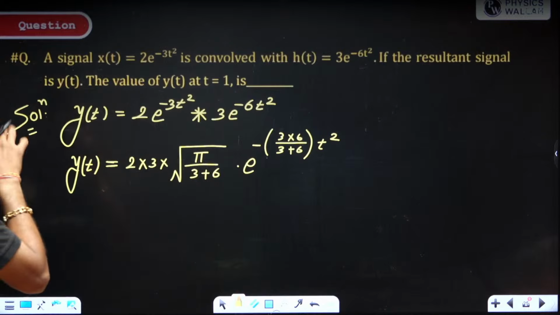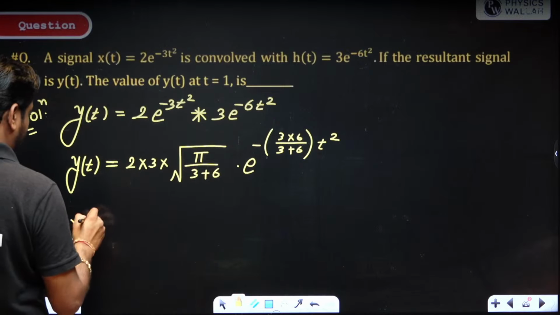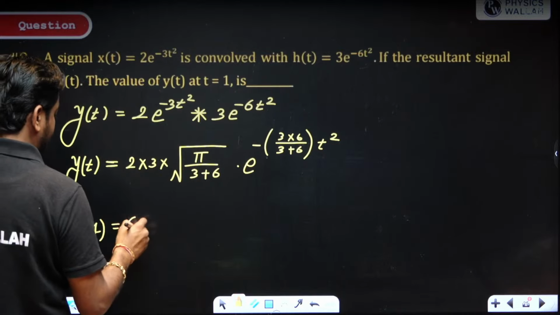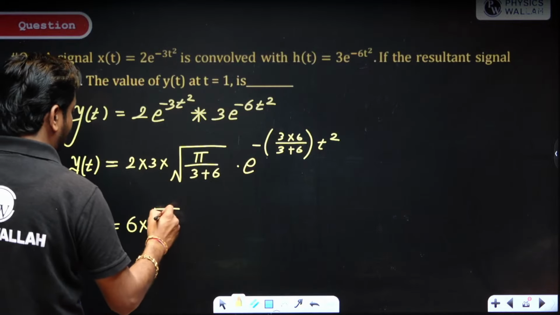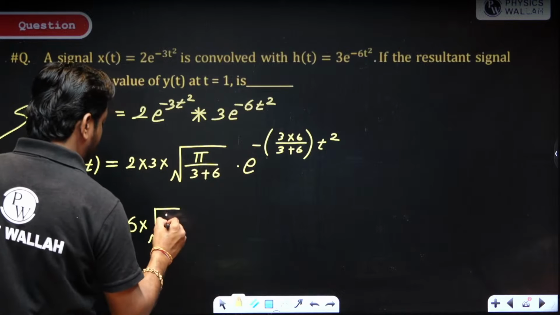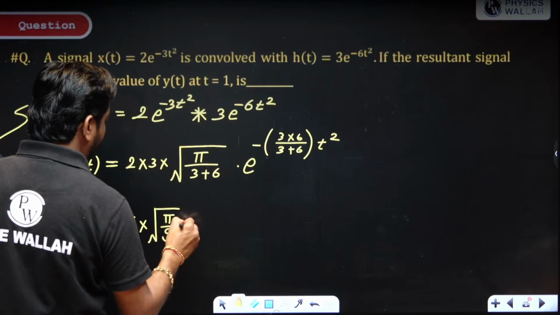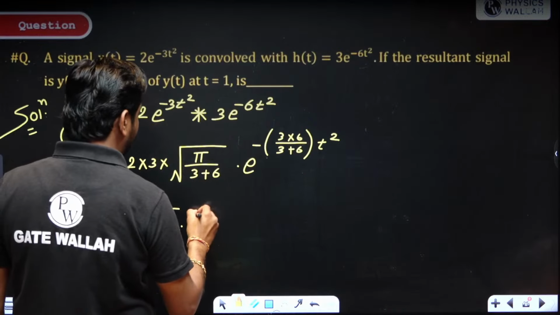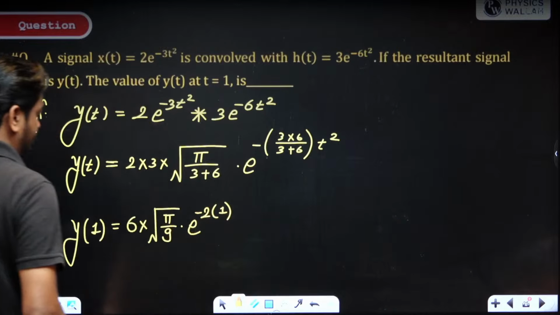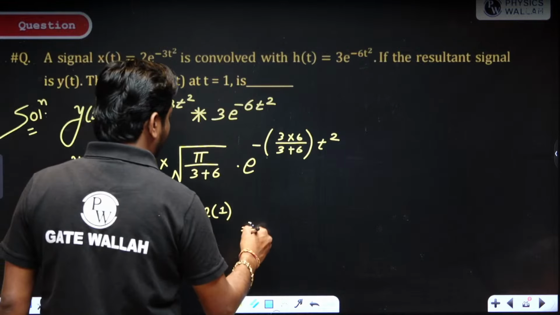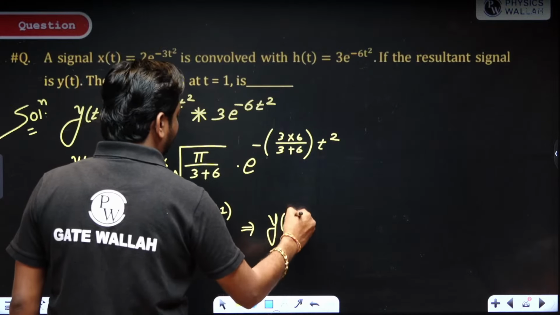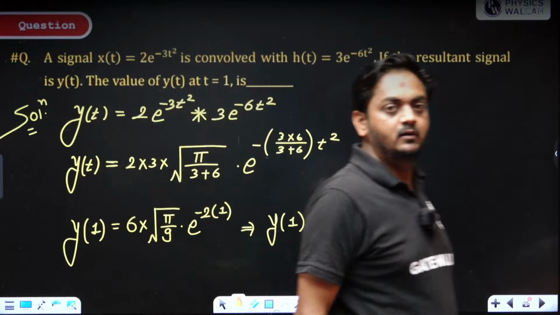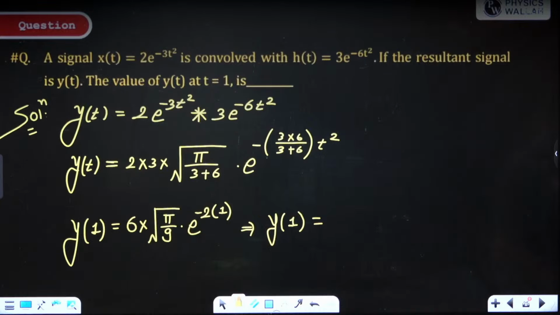Now they are asking at t equal to 1, so y of 1 is 6 into under root of pi by 9, e to the power 18 divided by 9, that is minus 2, and t equal to 1. Just calculate this one and tell me the right answer.